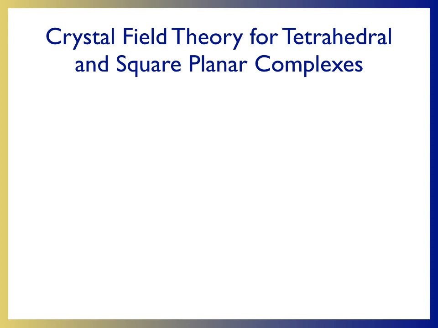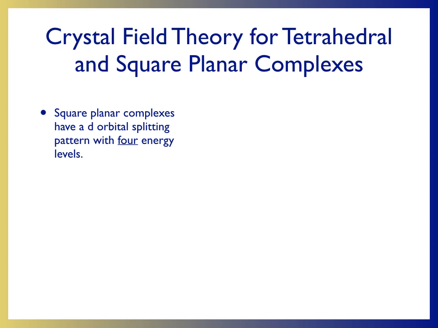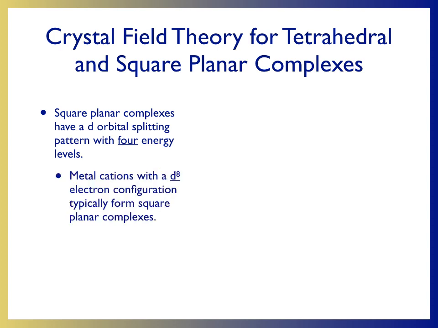The other common geometry that we see for transition metal complexes are square planar complexes. There are multiple energy levels for the d orbitals in a square planar field.